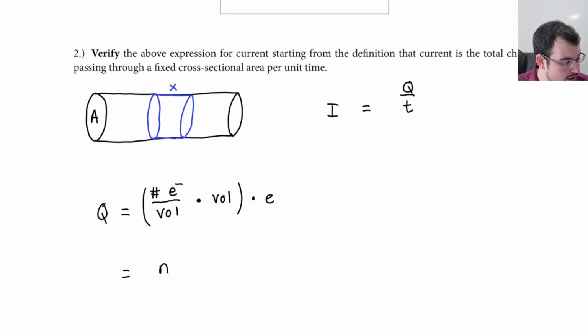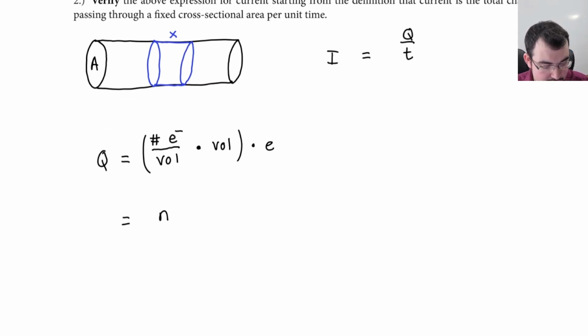So this is the weird part of the derivation. We're looking at what would be maybe this volume. Well, the volume of this would be the cross-sectional area times the length. So we'll pause there for a second.